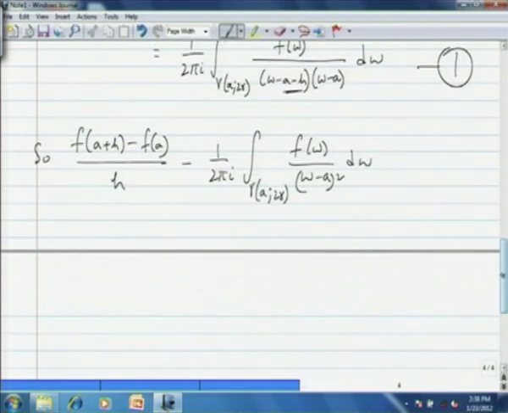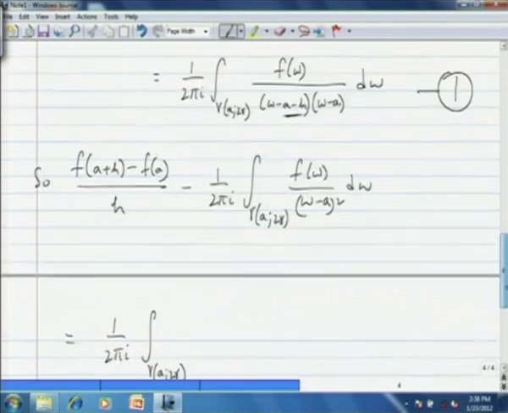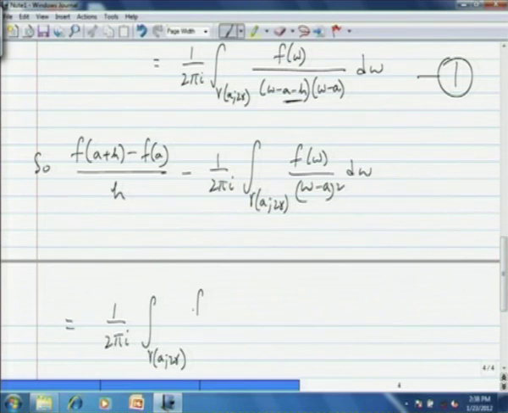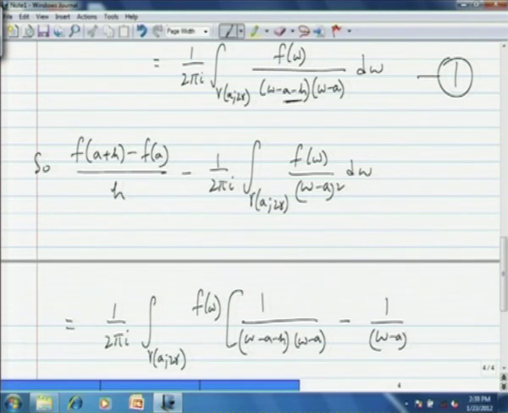So, that difference is equal to 1/(2πi) times the integration over gamma_{a,r} of, I am using 1 now, f(w) times 1/((w-a-h)(w-a)), that is from your 1, and then minus 1/(w-a) squared, that is the second expression here.